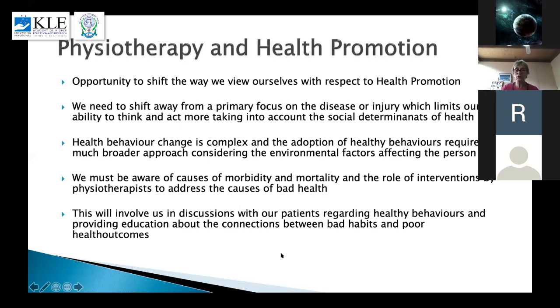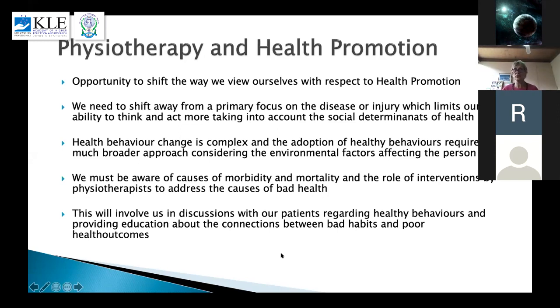So we need to shift away, if you like, from just looking at the disease or the injury. Oh, they've got a sore knee, or they've got increased muscle tone, or they've got a broken femur, or they've got COPD. We need to stop thinking in that way, but look at the broad picture. Where do they live? What are their beliefs?